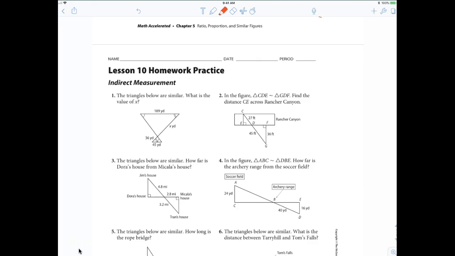Now, I said our test is Friday, and I would like for you to start the review tonight. So go back to Google Classroom and upload the Chapter 5 review. Put that on your Notability and get started with that.